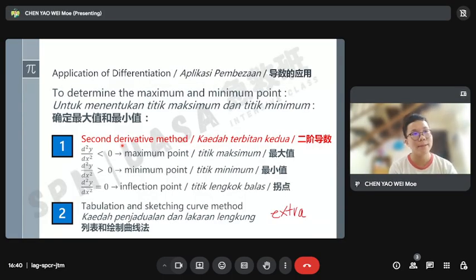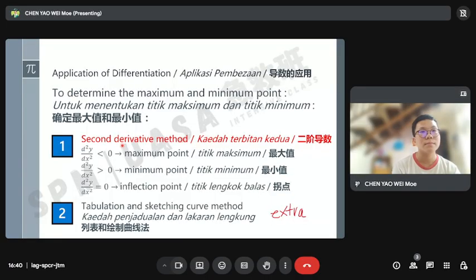Vice versa, if d squared y over dx squared is larger than 0, the answer is larger than 0, that is a minimum point. Otherwise, d squared y over dx squared equals 0 means that is an inflection point.